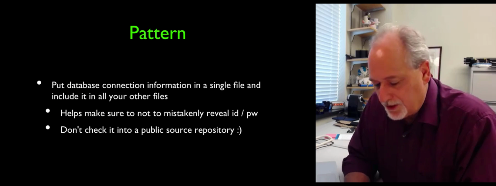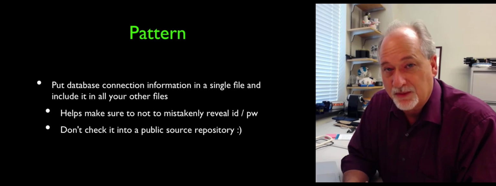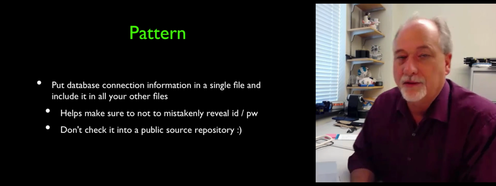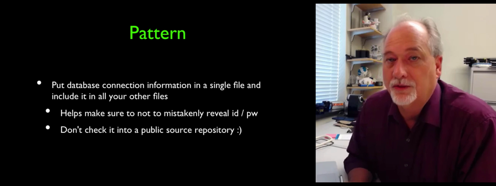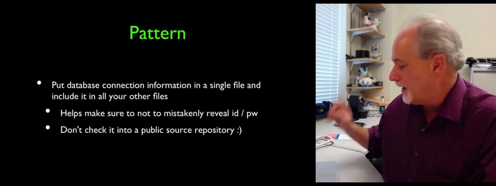So there's the notion of putting the database password in the actual file that's running your PHP. That's generally a bad idea, and so we tend to use an include to put the database connection all by itself in a file.